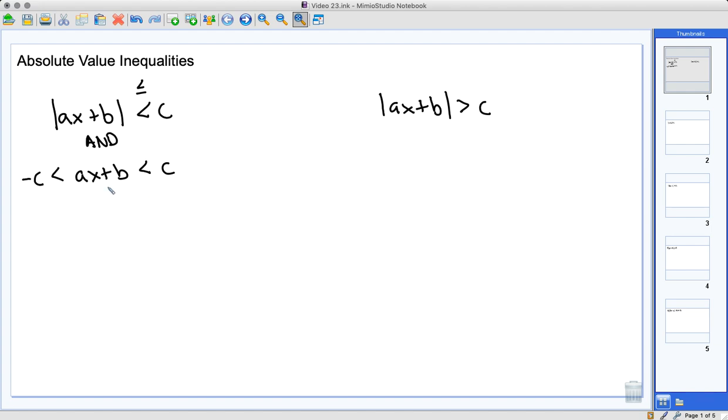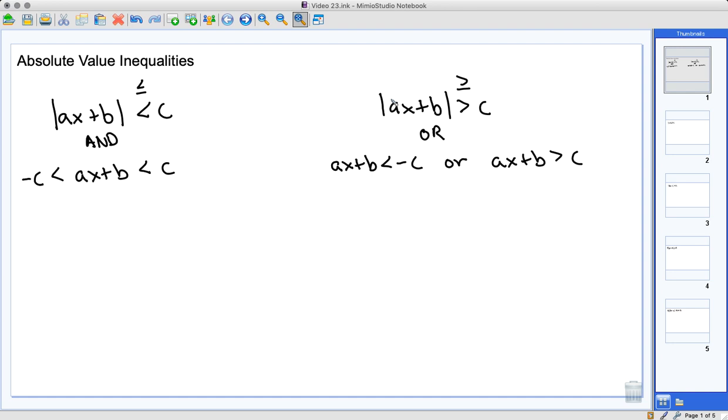So we've taken an absolute value inequality and created a compound inequality that you then can solve since we've done it before. If less than is an and problem, greater than is going to be an or problem. So you've got absolute value of ax plus b greater than or equal to c. What we're going to do is ax plus b is less than negative c, or ax plus b is greater than c.